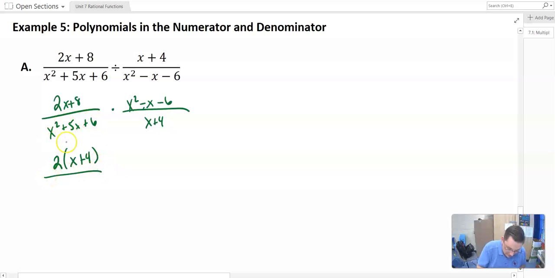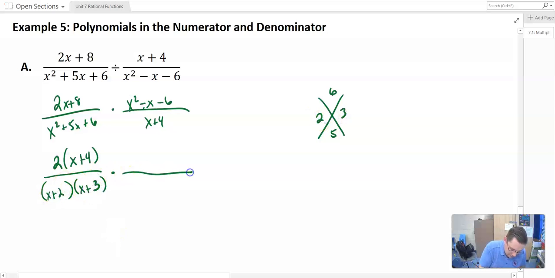In the bottom left, we can do an x puzzle there. The top is 6, the bottom is 5. What multiplies to 6 and adds to 5? That's 2 times 3. And so this is going to factor to x plus 2 and x plus 3. Now, we look at the other side and we see that this will also be an x puzzle.